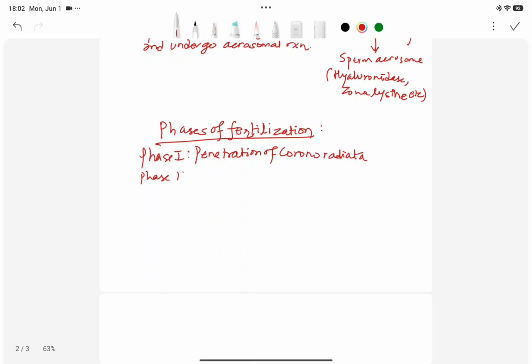Phase 2 is penetration of zona pellucida. And phase 3 is the fusion of secondary oocyte and sperm cell membrane.